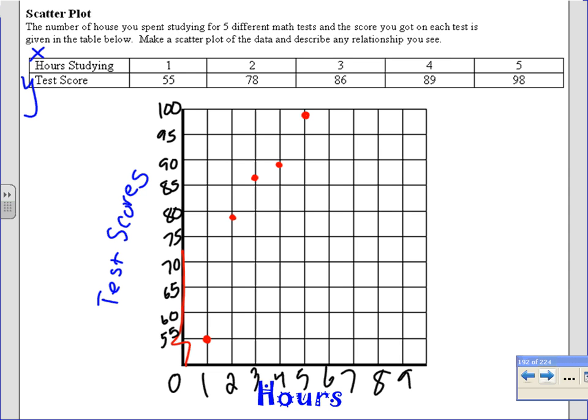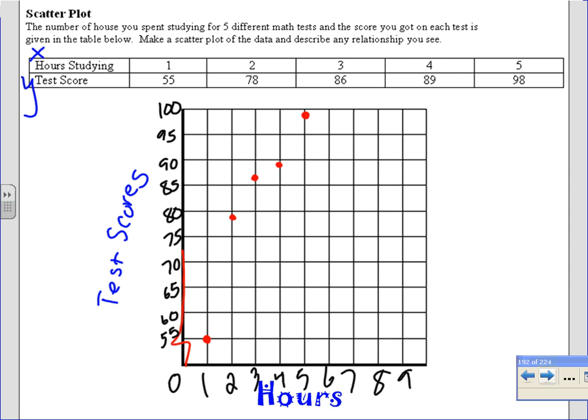Now, it's not completely scattered. What I want you to think about is, what is the relationship of the data? Charles, what's the relationship? Good job. The longer you study, the higher the score. Now, is that going to work for every single person? No. This is just a relationship.